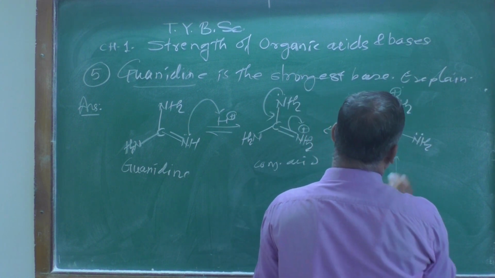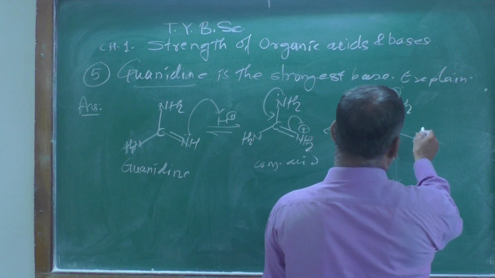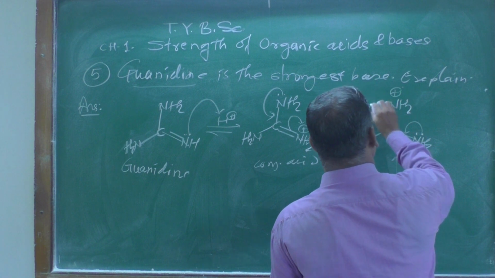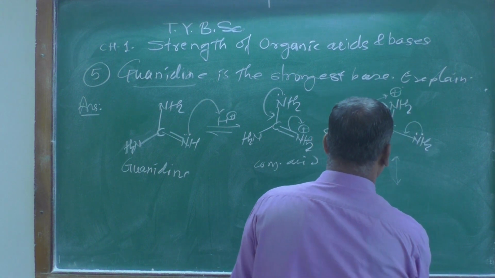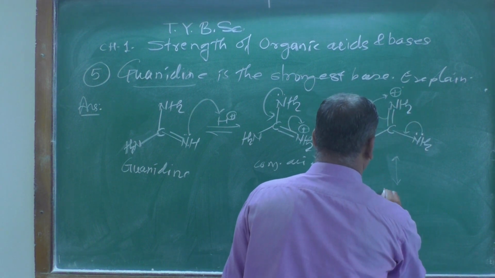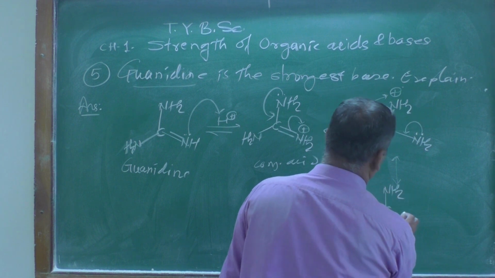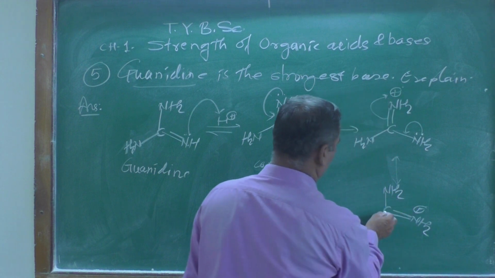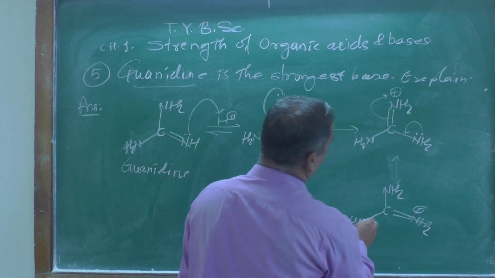Now again, this lone pair goes here neutralizing that positive charge, and we are going to get NH2, then double bond NH2, positive charge comes here, then H2N.